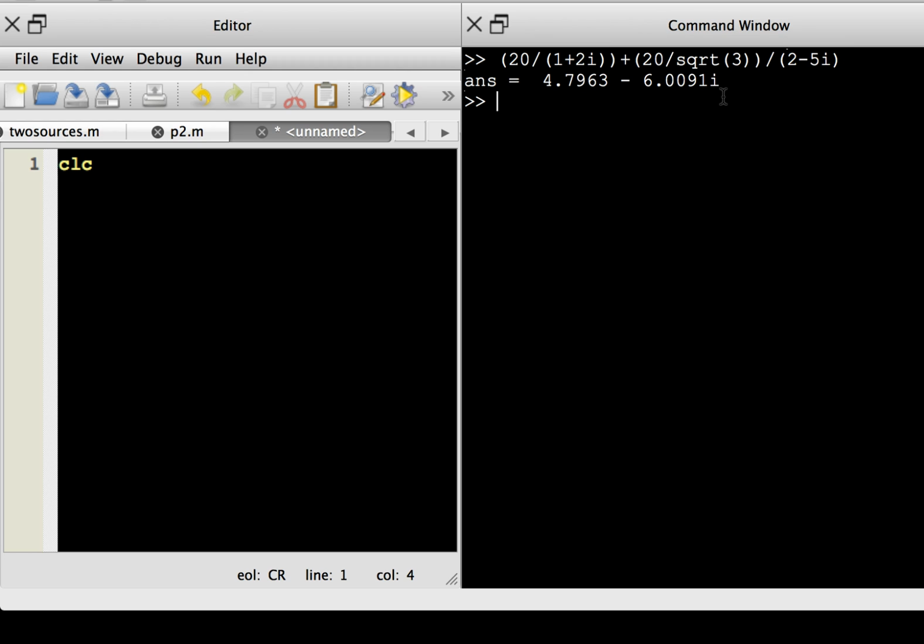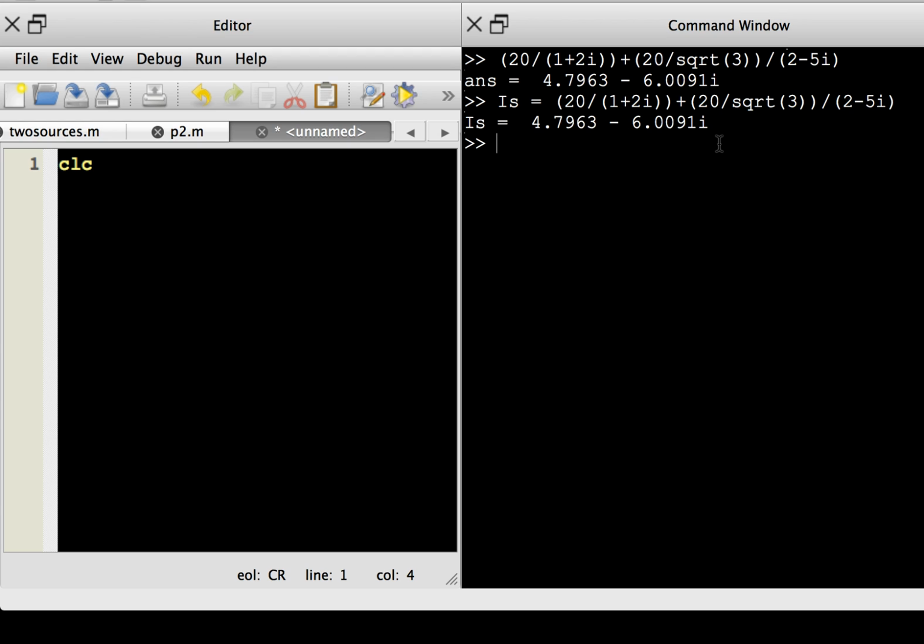So I hope it's all correct. This is the answer. Let's store it in a variable, let's call the variable IS. So this is the supply current.